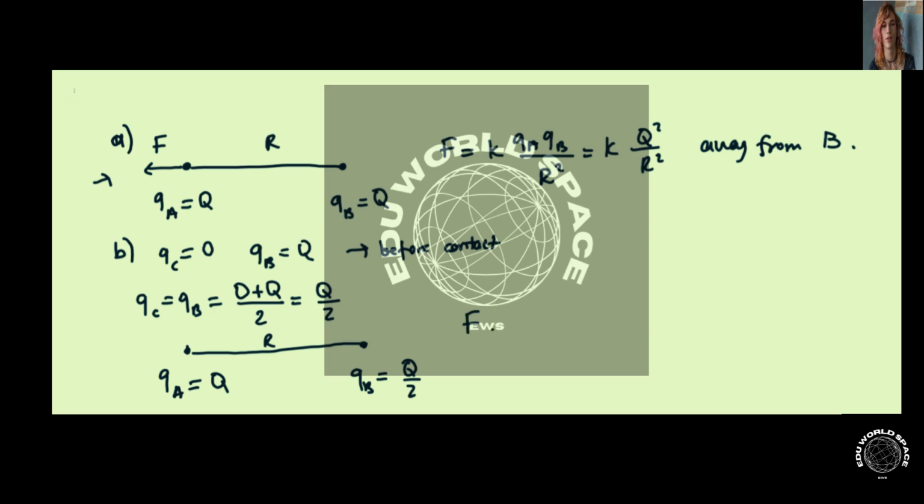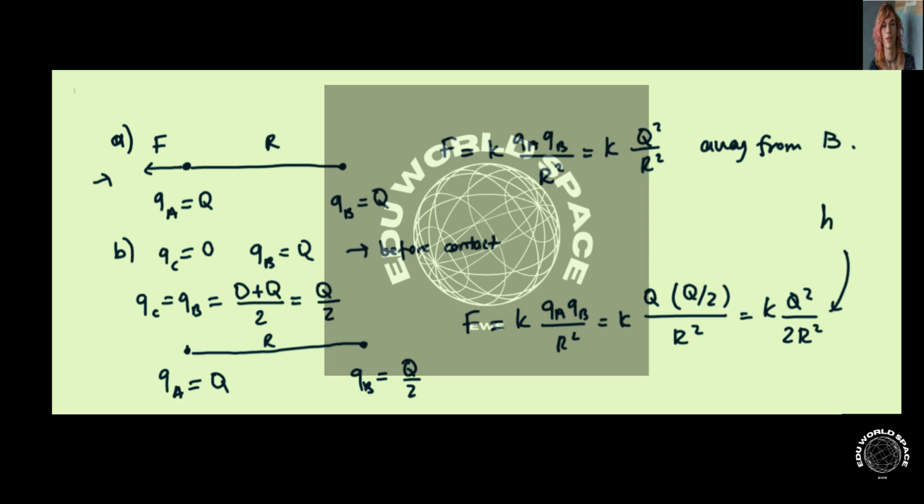So if we calculate the force now, it's again K QA QB over R squared, but this time QB has half the charge that it had. So Q over 2 over R squared, right? So then we have KQ squared over 2R squared.